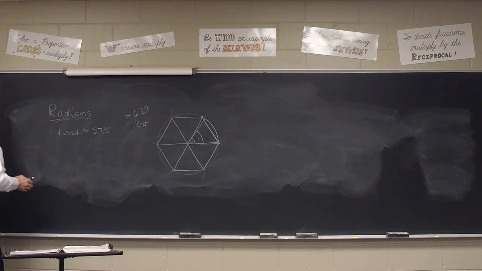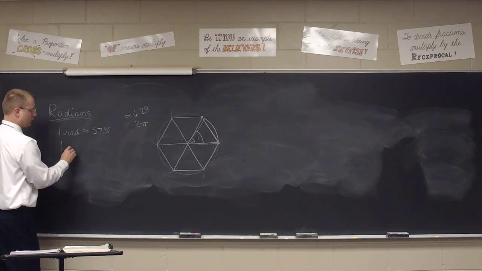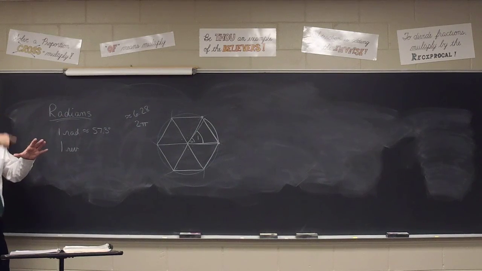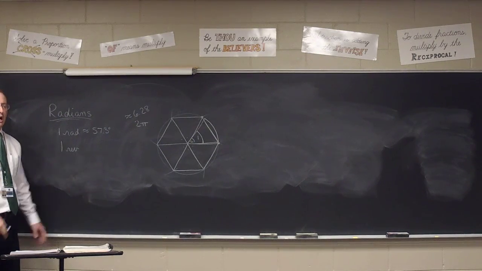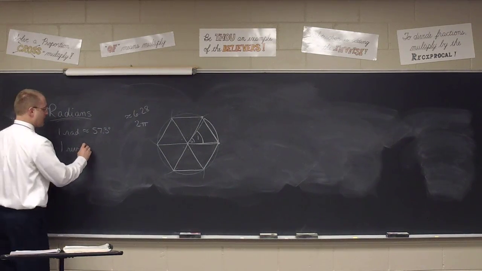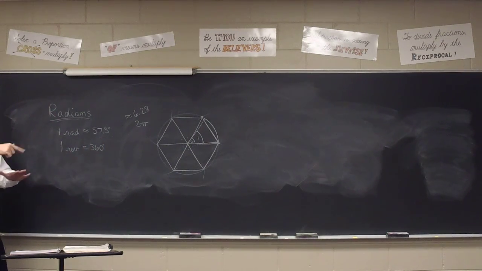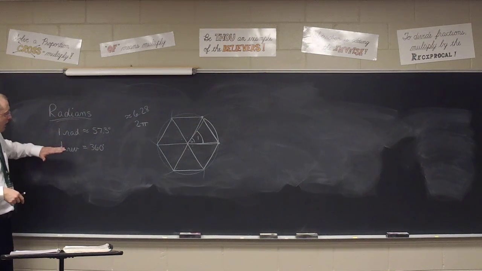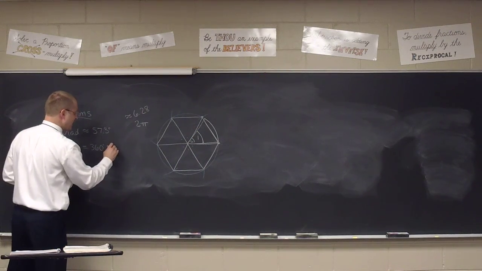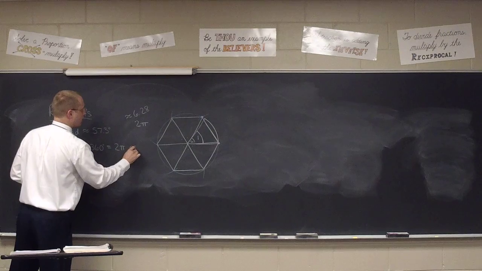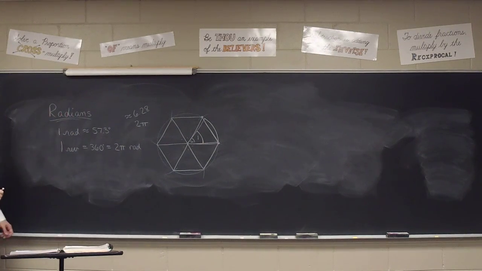Some other thoughts on this topic. We know that 1 revolution, meaning a complete turn, is going to be equal to 360 degrees, right? That's a complete turn, okay? And that's going to be equal to 2 pi radians.